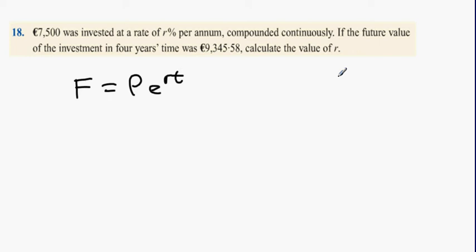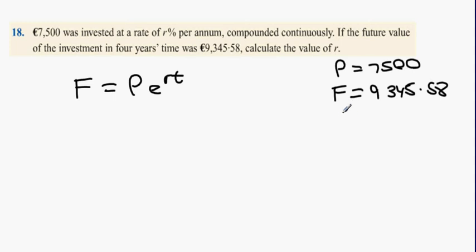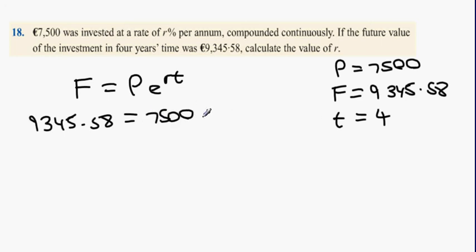Now, P equals 7,500, F equals 9,345.58, T equals 4, and finally we're going to put them all in, so we get 9,345.58 equals 7,500 times e to the 4t. Now we're going to divide by the 7,500.